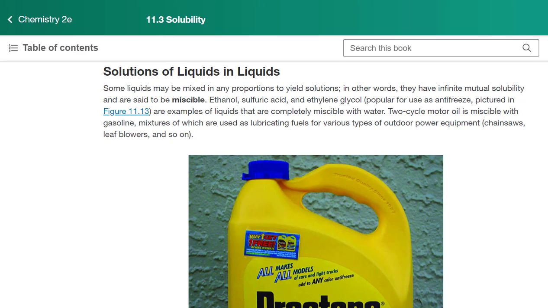So ethanol and water is a kind of famous example of a miscible solution of liquids, in that you don't ever have a separation occur, which is why there are some very high alcohol content beverages available.